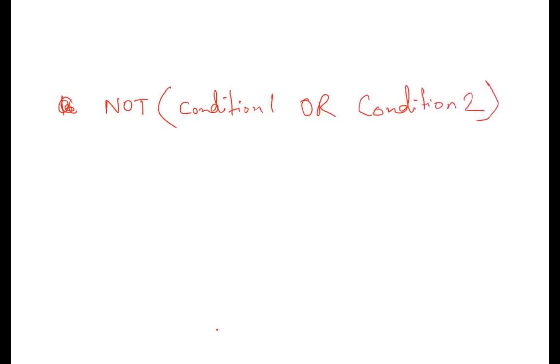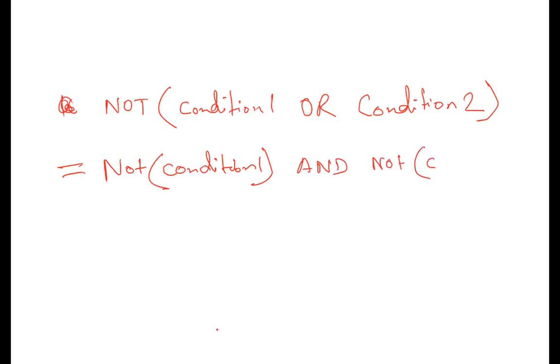So individual not of condition: not of condition 1 or condition 2 is equal to not of condition 1 and not of condition 2.